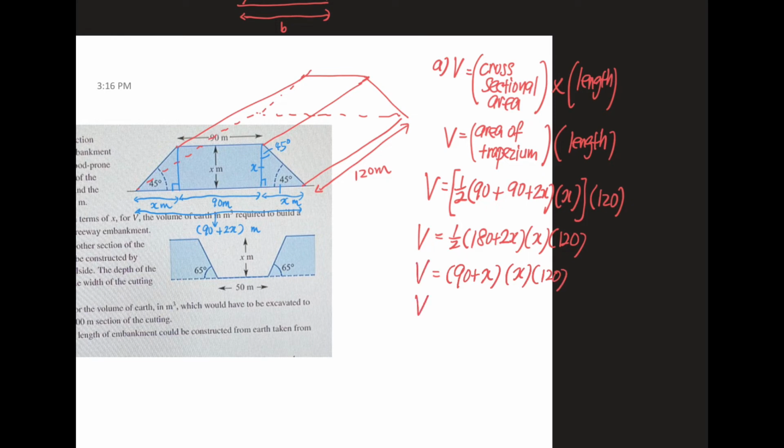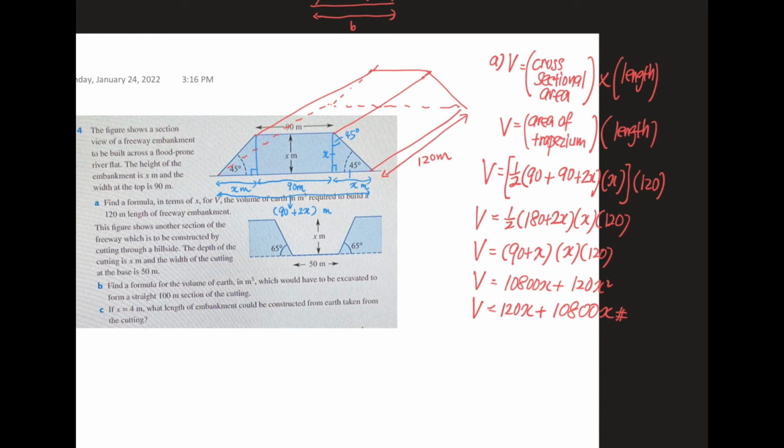Okay, then we expand it. 90 times 120, we get 10,800x, 120x squared. Okay, so we got this as the volume. This is the quadratic. Okay, let's say I put it 120x squared plus 10,800x as a quadratic. Okay, so that is the answer for the first part, which is the part A here.